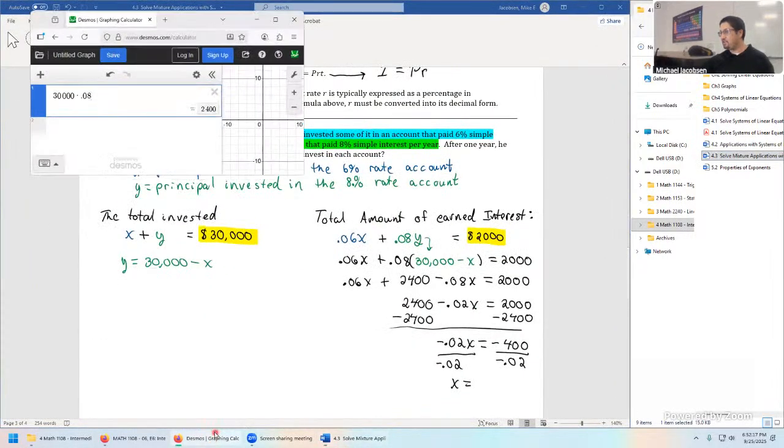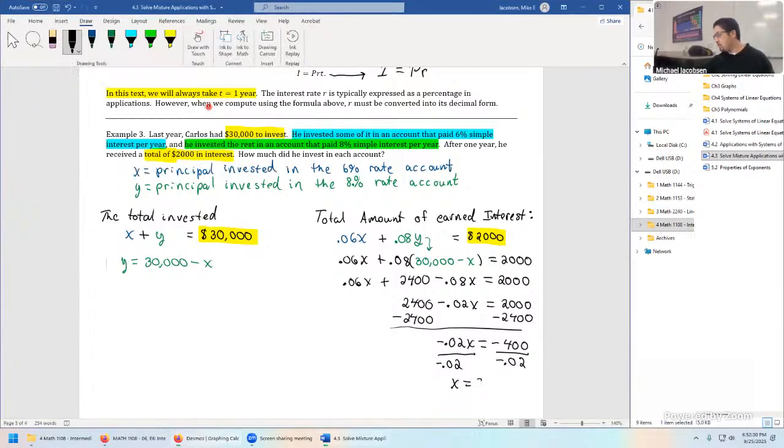Here's the calculator back. Negative 400 divided by negative 0.02 gives us $20,000. So $20,000 went into the account earning 6% simple interest.